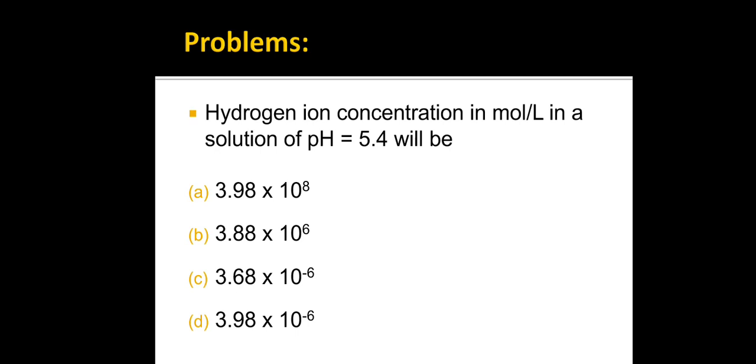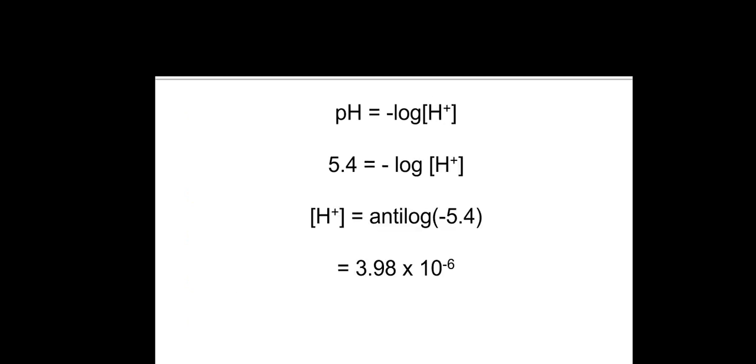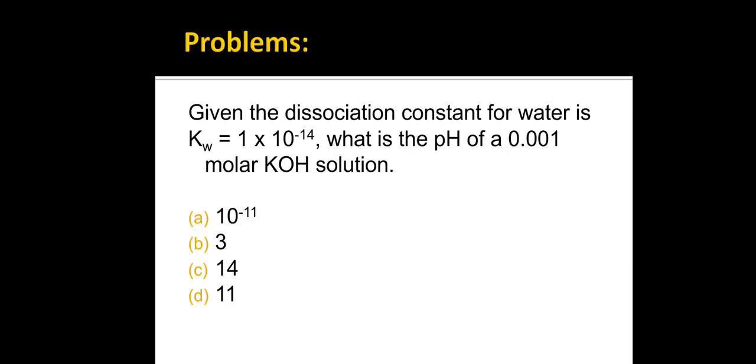The various options are given. pH is equal to minus log of H plus. Similarly you put the value of pH as 5.4. Then to calculate H plus we must take the anti-log of minus 5.4. If you do that, what you'll get is 3.98 into 10 to the power minus 6. It's a very simple and straightforward question. Let us move on to the next.